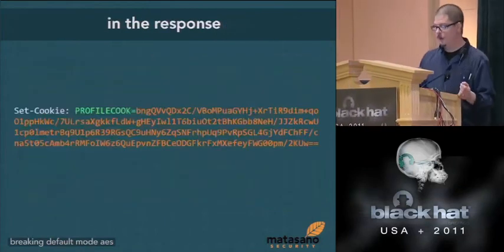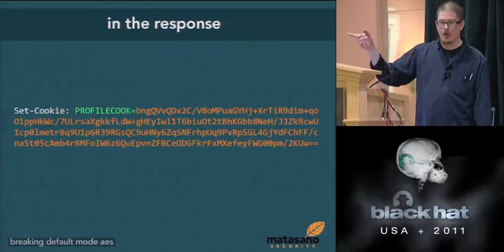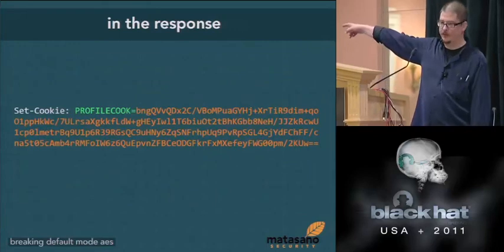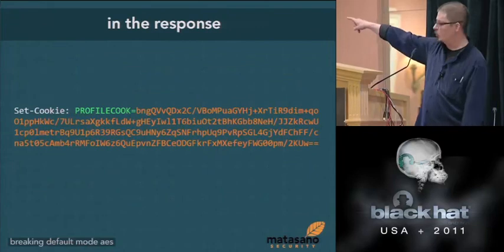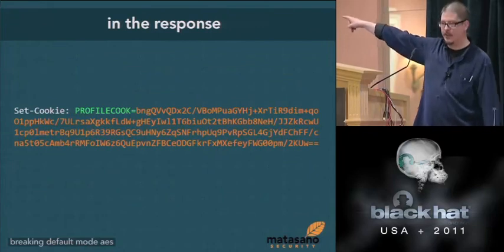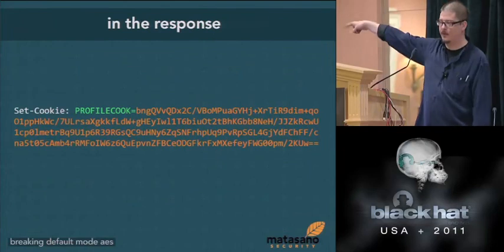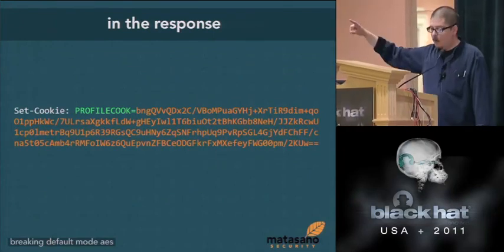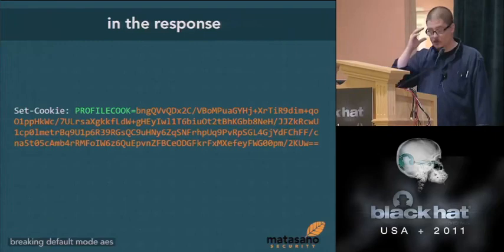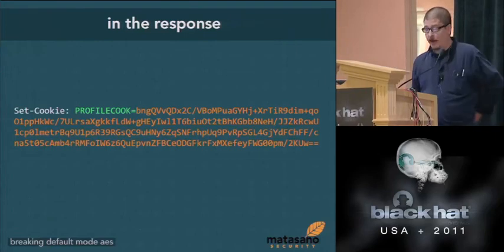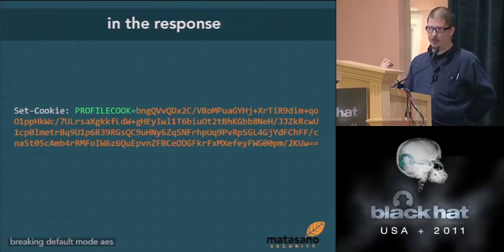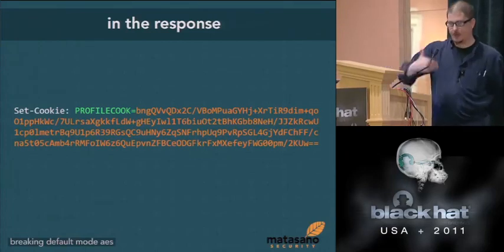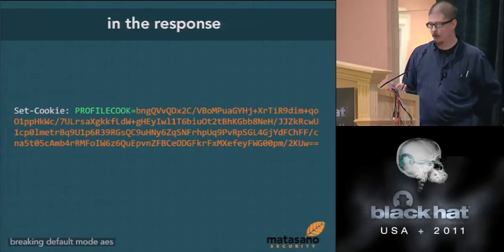But this time, every time we post a form, we get back a set cookie header in the response that's telling us to reset our profile cookie to some big long base64 encoded string. And when you log into the application or when you change your profile, that changes, or parts of it change. Since this cookie changes every time we change our profile, it looks like it's holding part of our profile information.